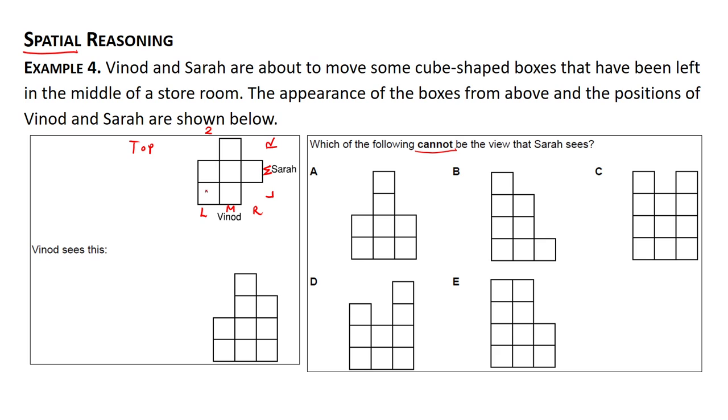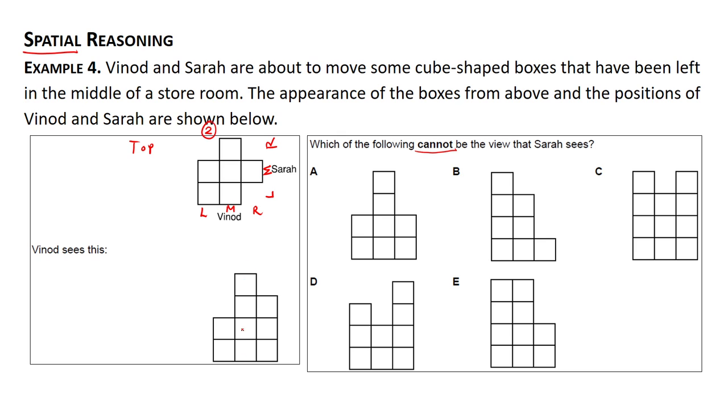For example, it can be 2, 1, or maybe 2, 2, or maybe something like this, or maybe both are 2. But we are sure that at least 2 should appear once on the left of Vinod for him to see 2 boxes, 2 layers, and the maximum should be 2. 2 should appear and it is the maximum on the left of Vinod.